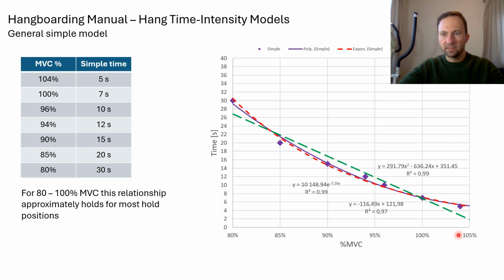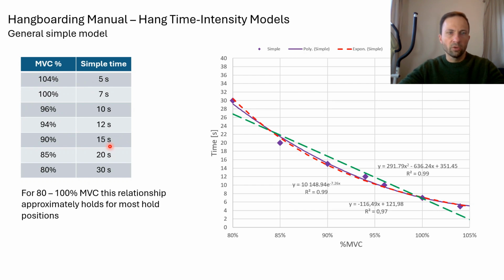For the 80 to 100% intensity range, simple polynomial, exponential, or even linear approximations work well and give R-square values close to 1. We can construct a simple table that'll help us calculate training loads on the fly.